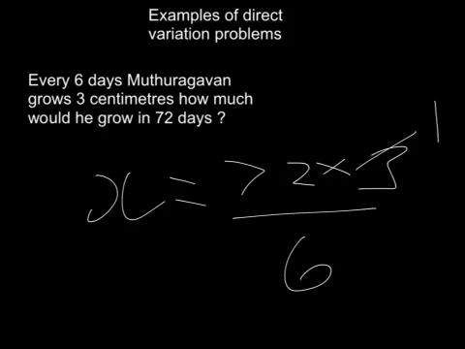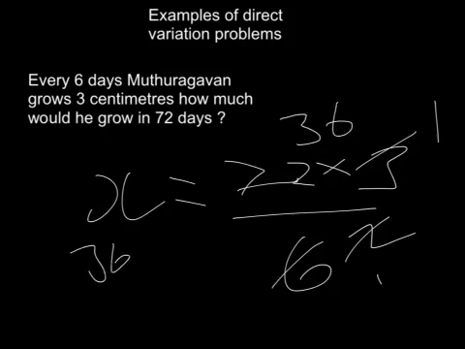See, 3 goes 1 time in 6, 3 goes 2 times in 6, and 2 goes 36 times in 72. So he will grow 36 centimeters in 72 days, which means he will grow 1.2 feet.